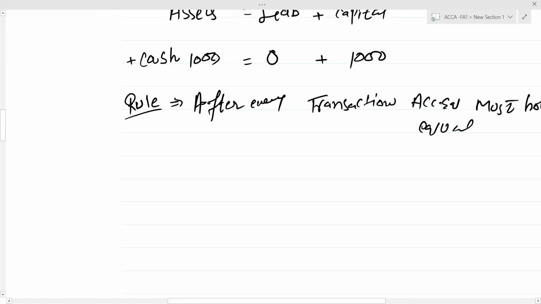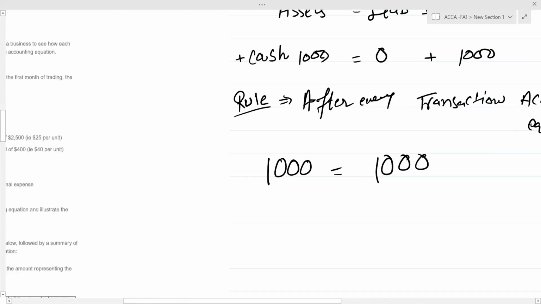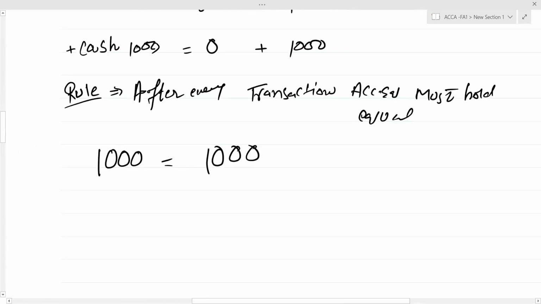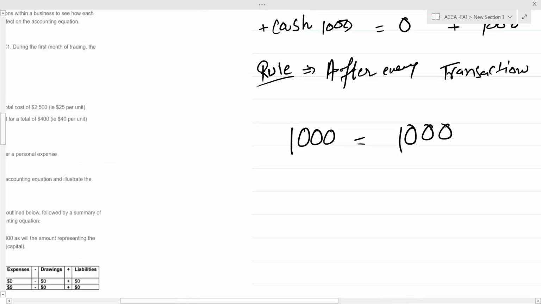After the transaction has been recorded in the accounting equation, the two sides are equal.